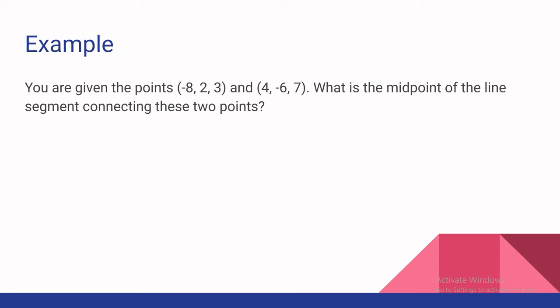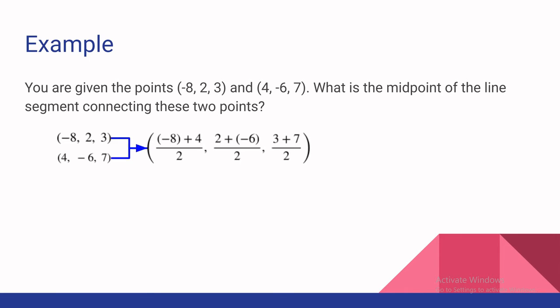Now let's look at an example. We are given the points -8, 2, 3, and 4, -6, 7. What is the midpoint of the line segment connecting these 2 points? Now, I know there are 3 digits in the coordinates, but that simply means that it's in 3 dimensions. The same formula still applies.